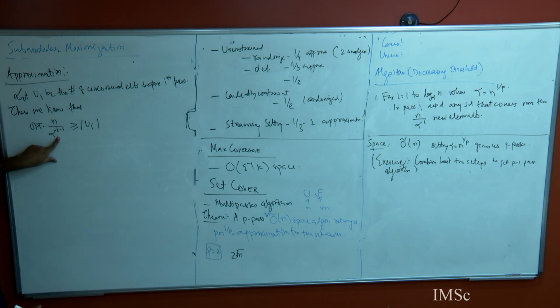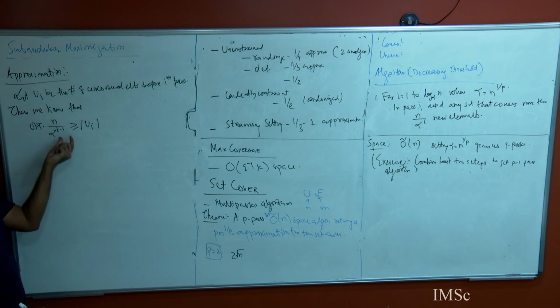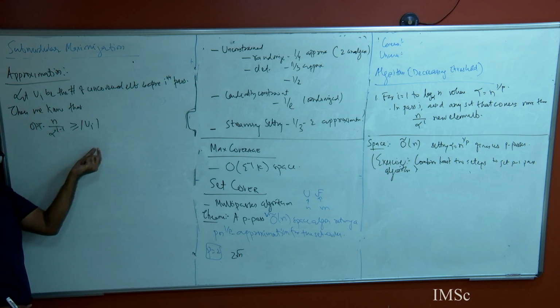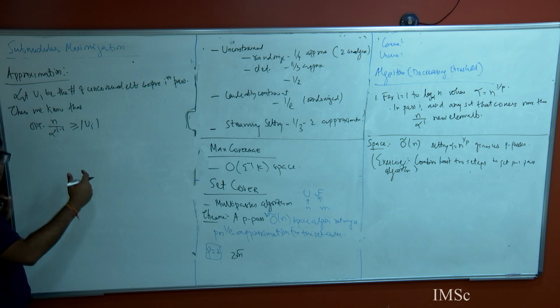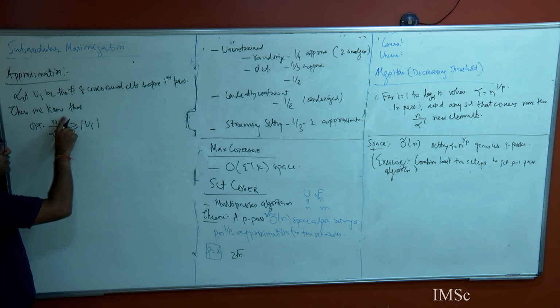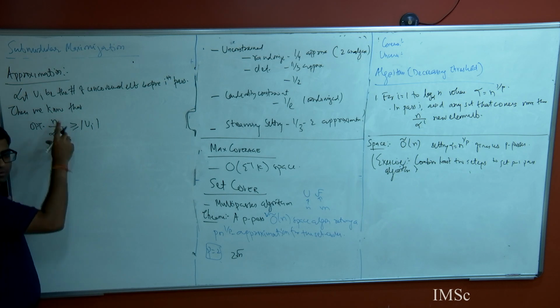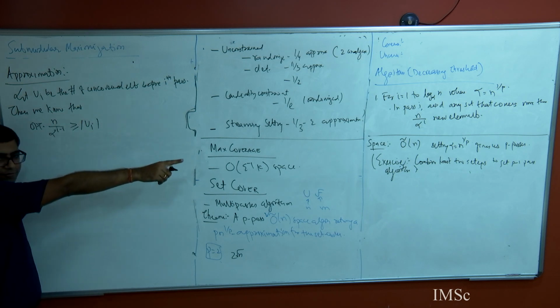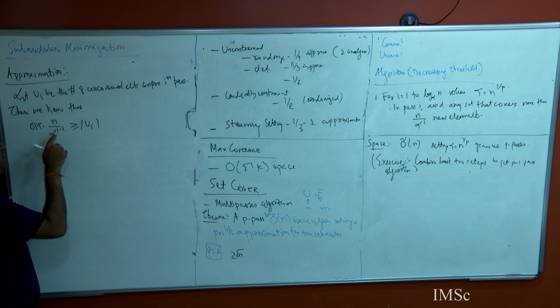So what is the set size in the first round? It is at most n, so opt times n is definitely larger than u1. What is it in the second round? I know that there is no set which can cover more than root n elements, depending on what alpha is.